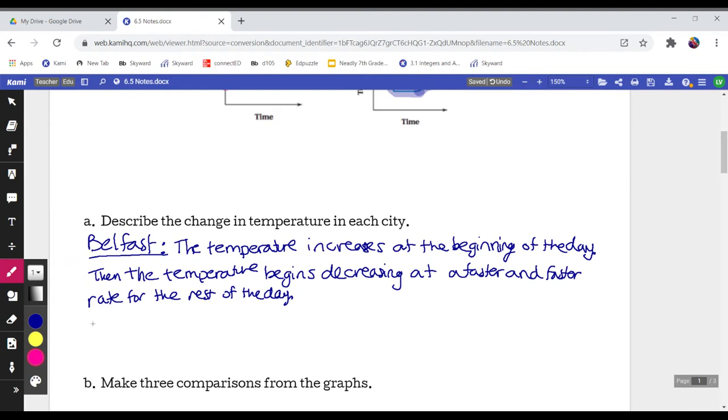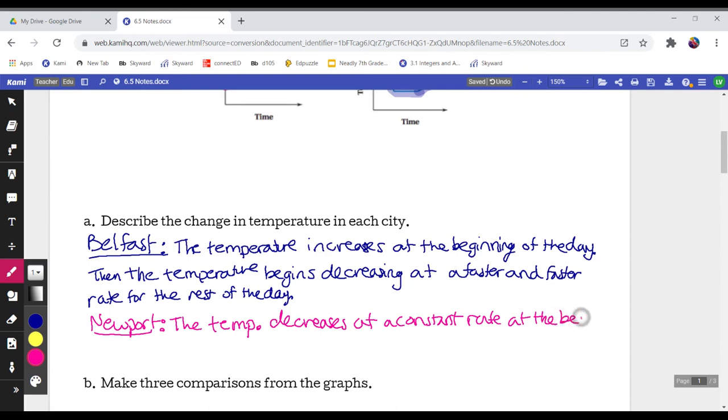Then we're going to talk about Newport. The temperature, I'm going to abbreviate it as temp, decreases at a constant rate at the beginning of the day.